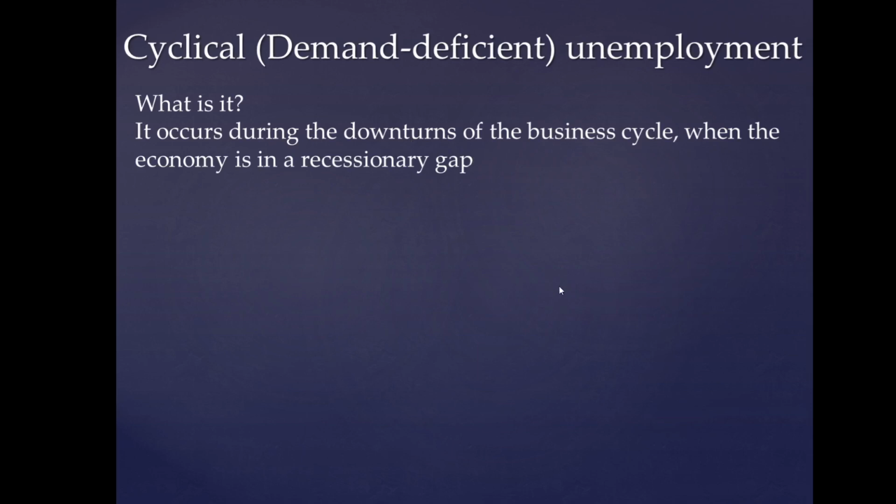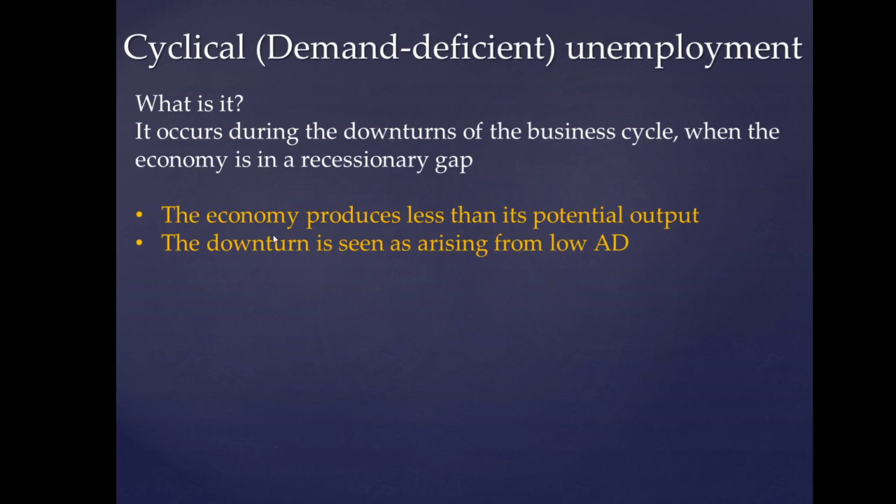Let's put it very simply: when your economy produces less than the potential output, and we know where that potential output is, either when drawing the new classical model or the Keynesian model, so make sure you know where to do the shift. When there's less than potential output, there will be cyclical unemployment.